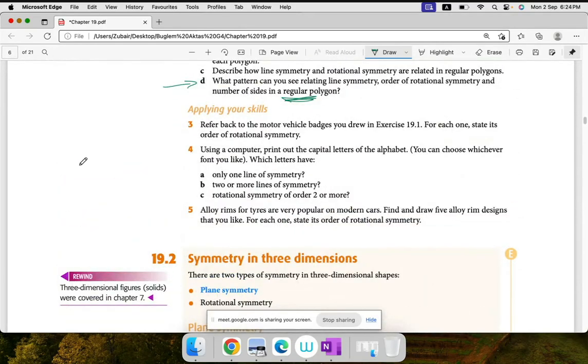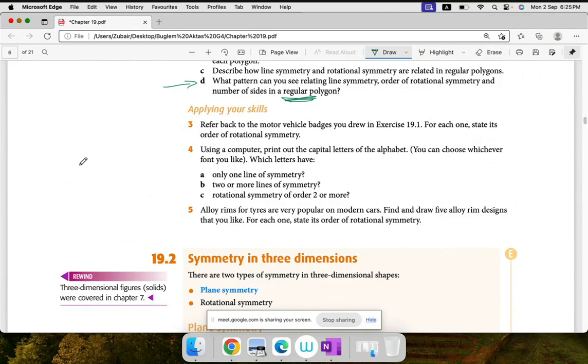Refer back to the motor vehicle badges you drew. What is the order of rotational symmetry? So BMW, what's the order of rotation? Okay, start with Mercedes. What is the order of rotation for Mercedes? Mercedes 3.